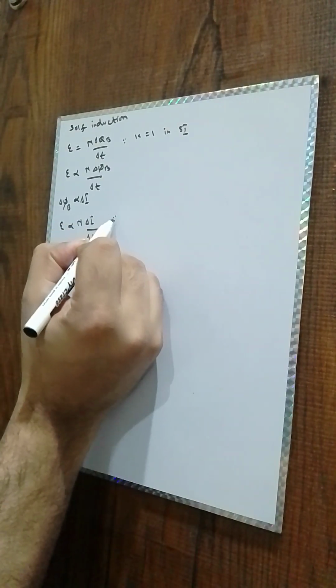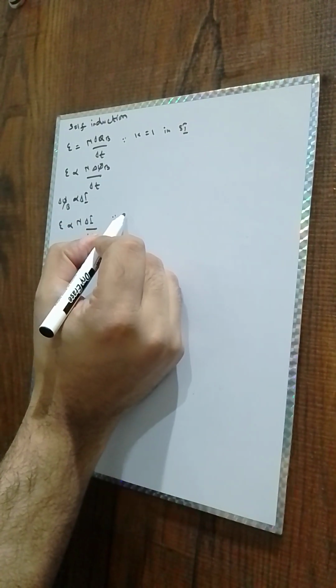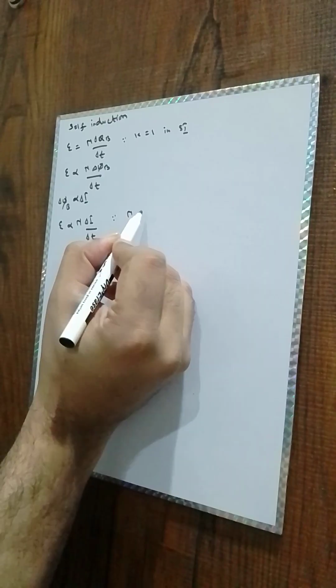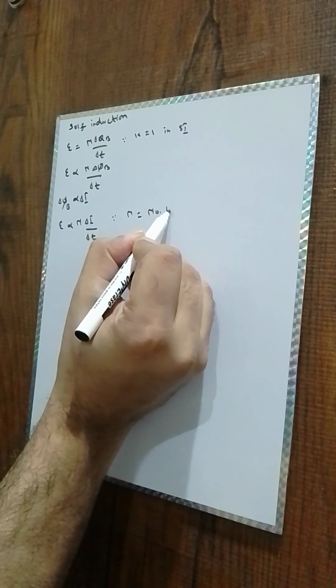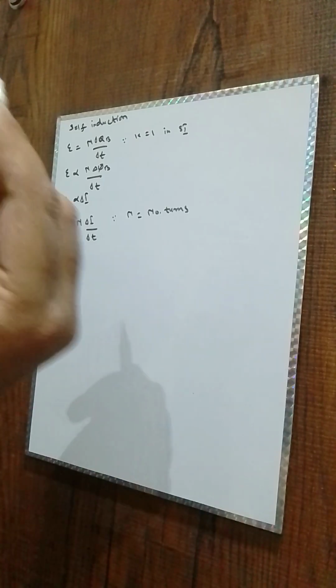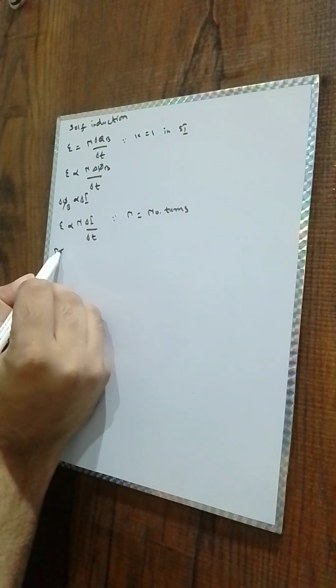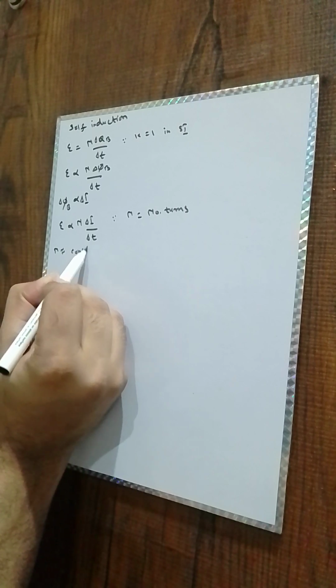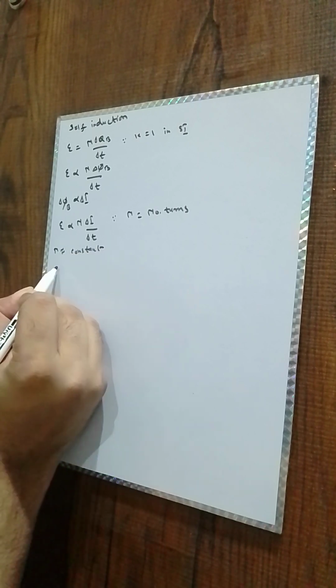So it's not difficult, and we know that n is the number of turns. So n is the number of turns, and n can be constant. Let's say n can be approximated as a constant in this situation.